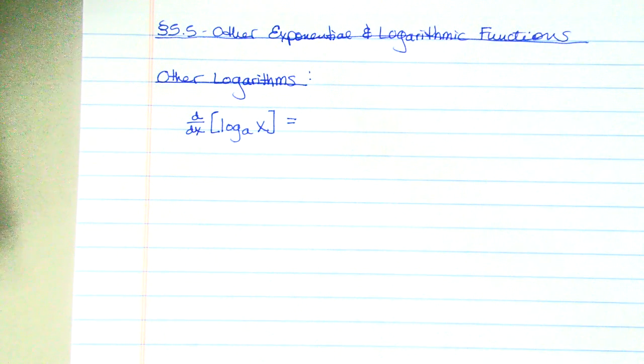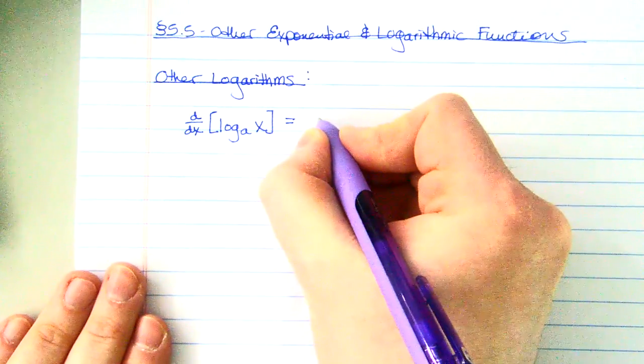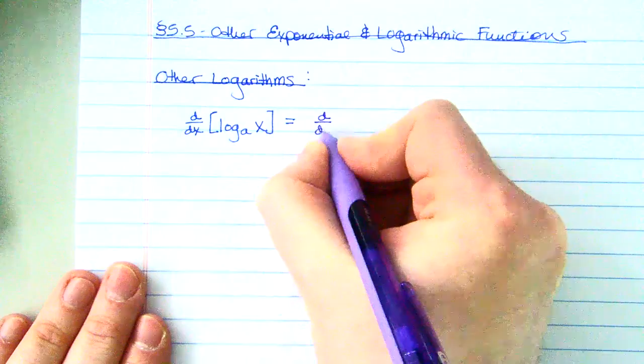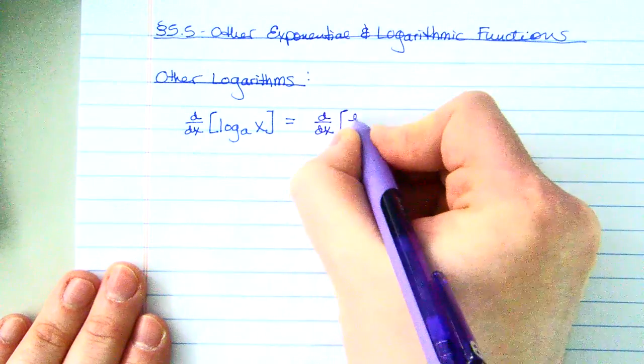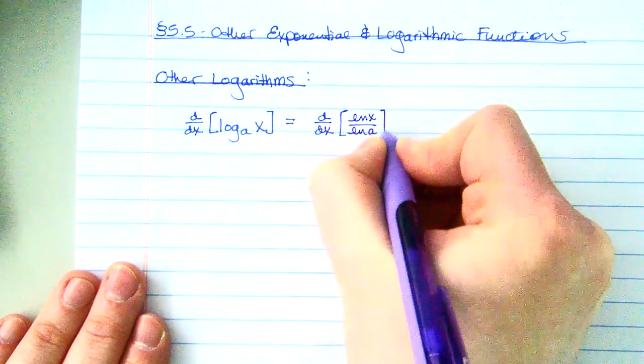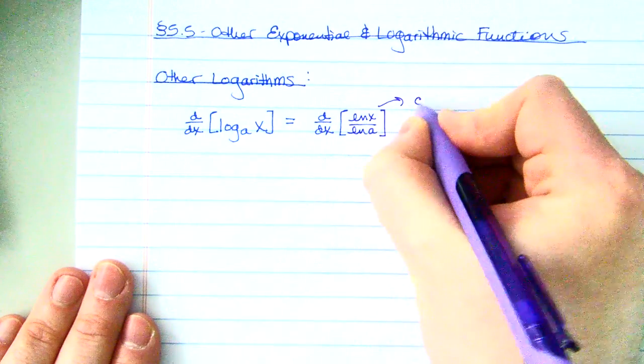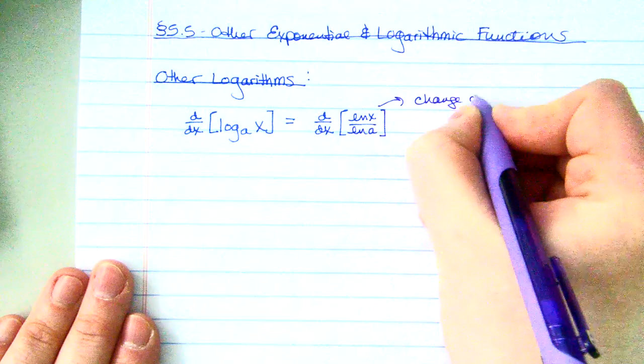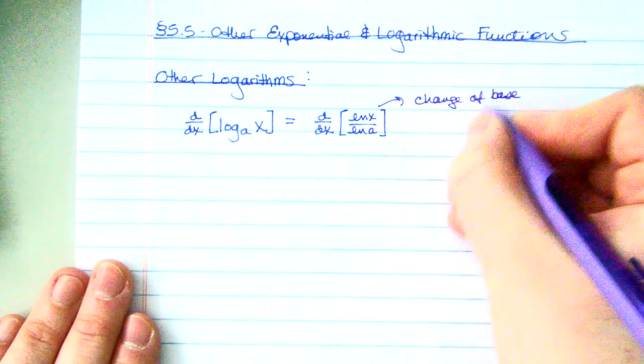Oh, you mean like using that change of base formula? Yeah, that's one reason I just showed that to you. We can say this is the derivative of the natural log of x over the natural log of a. Why? Because it is our change of base formula.